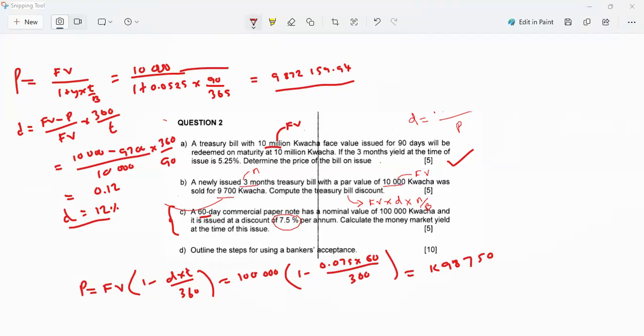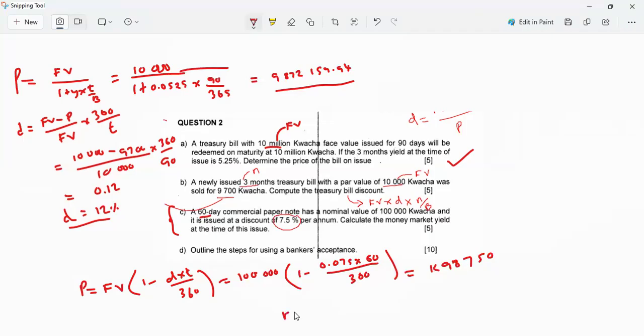So now how do we calculate the money market yield? The money market yield is a rate based on the price. So the rate is simply the face value minus the price that we've just calculated, over price, times 360 over time.